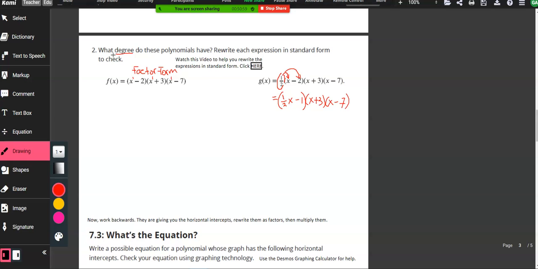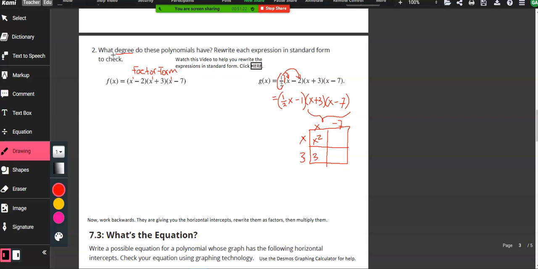So right here you have 3 parentheses. Take any 2 parentheses that you want. If you want to take these 2, then that's fine. Take these 2, multiply them out.